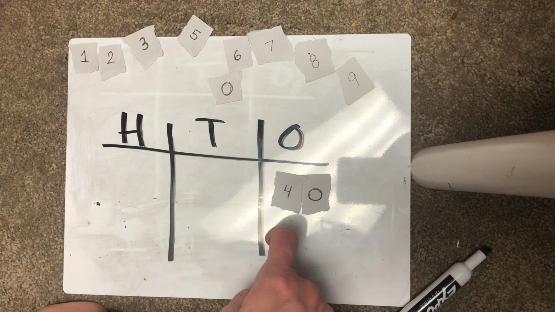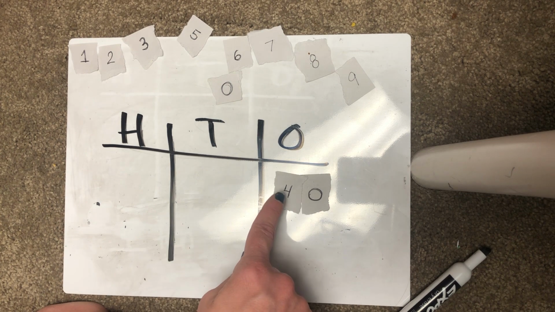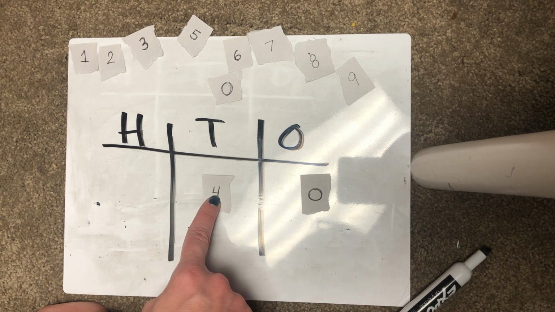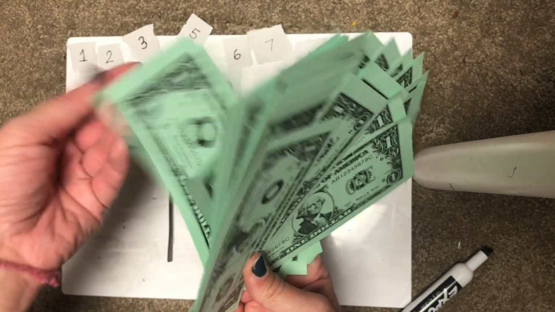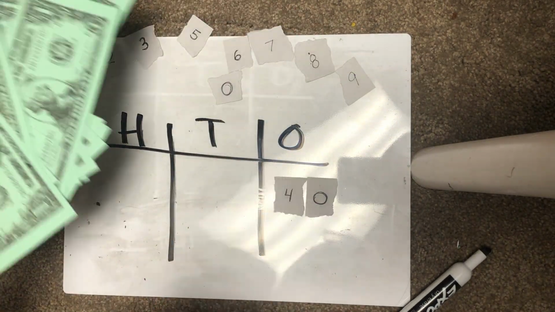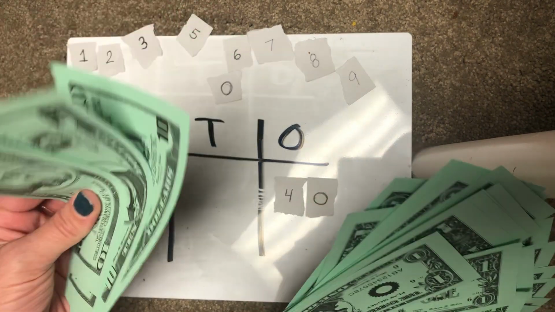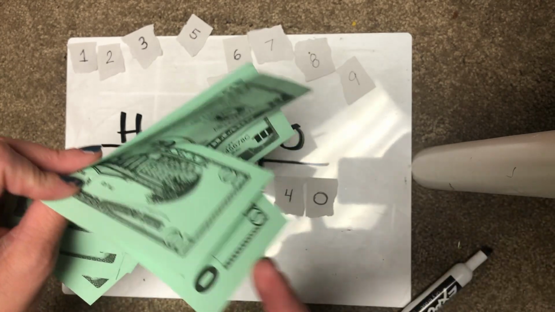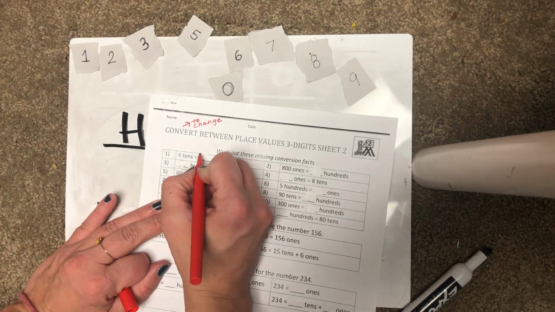So our answer will be 40 ones. 40 ones is the same thing as 4 tens. Just like all this money, right? 40 ones is the same thing as 4 tens. There's a four right there. So we're going to write 40.